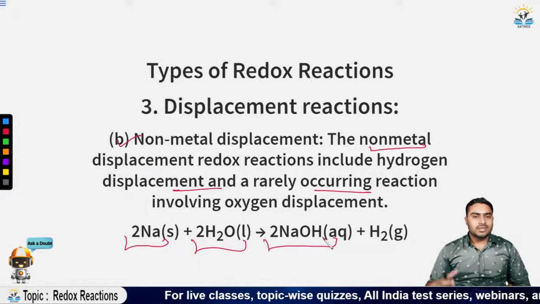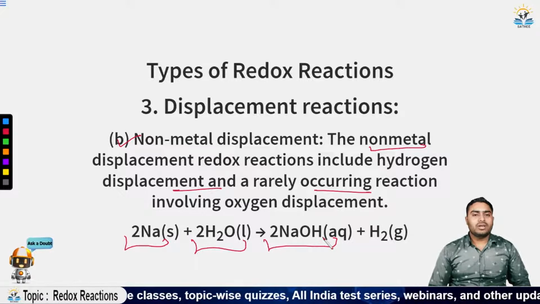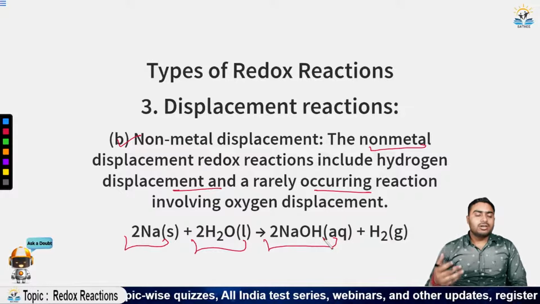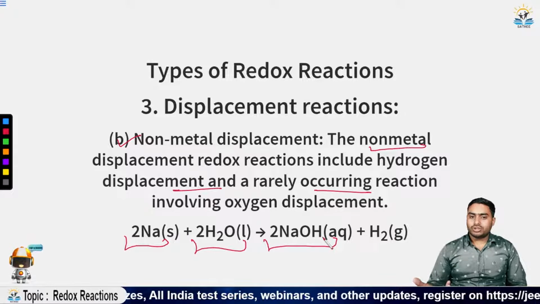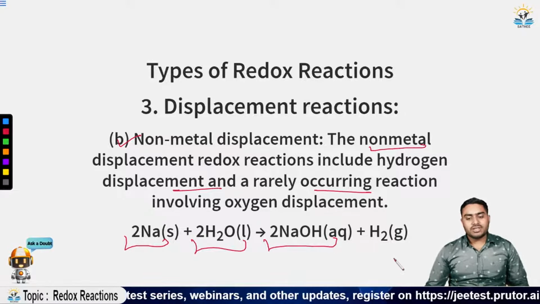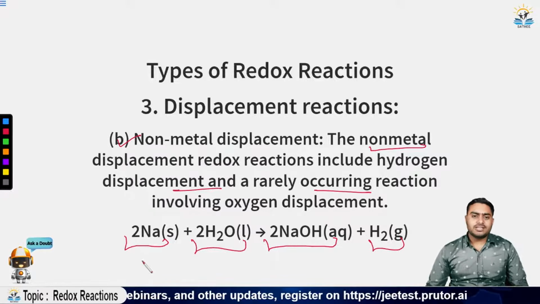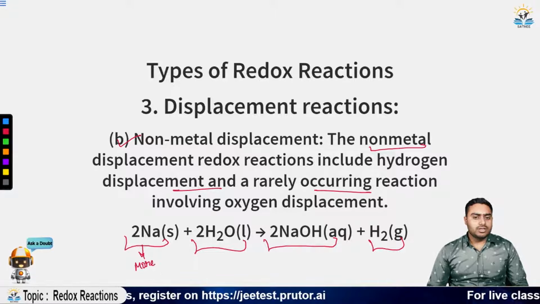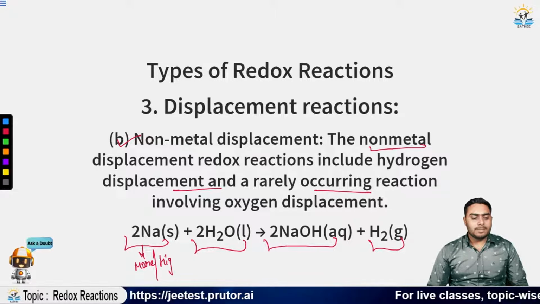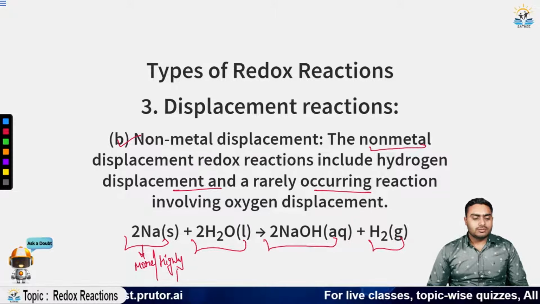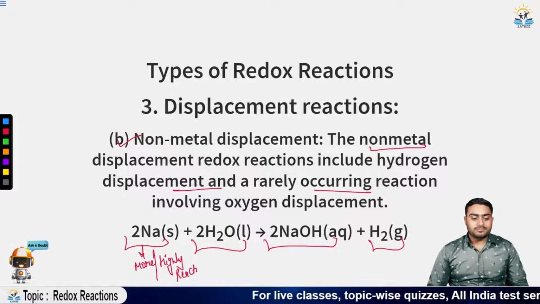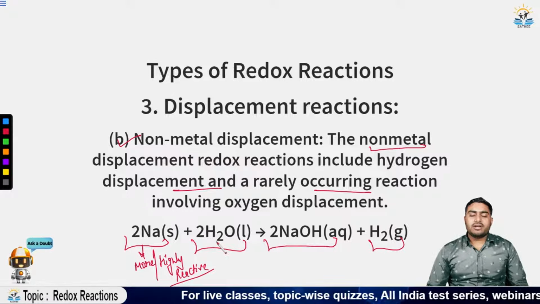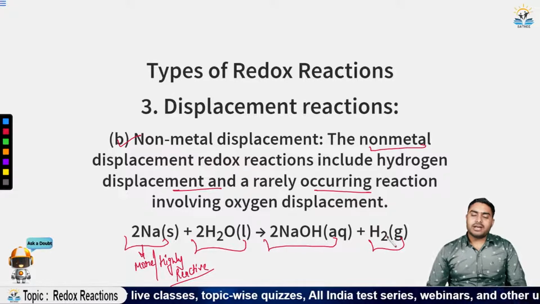When you react sodium with water, you get sodium hydroxide, and hydrogen gas is released here because sodium is a highly reactive metal, and the reaction will be exothermic as well.